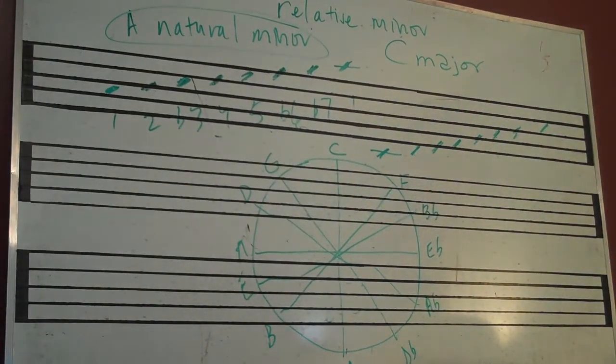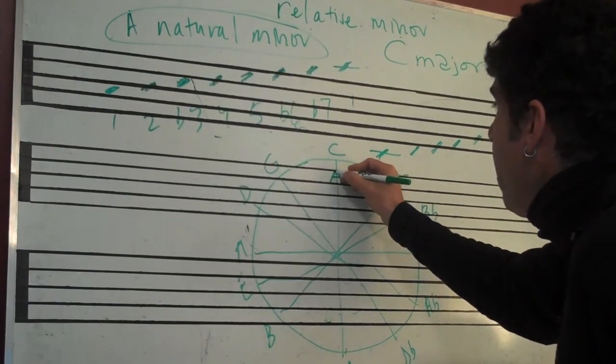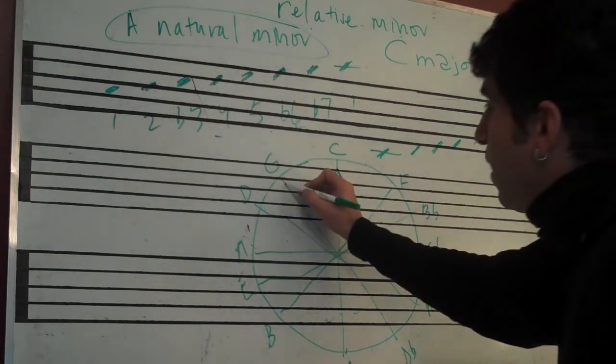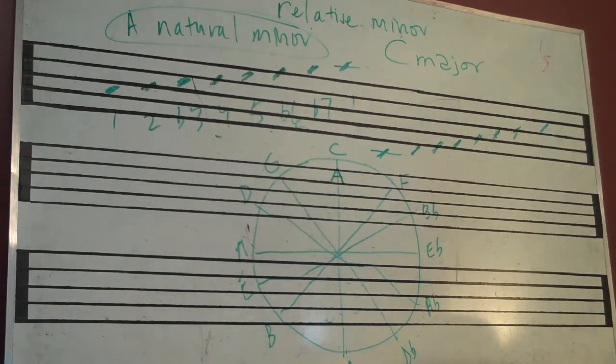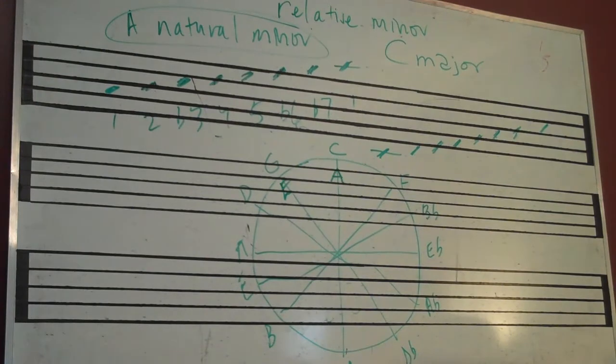So in that one, we said that the relative minor to C is A. Okay. And then, you know, G, the relative minor to G, what would it be? Well, if you said E, you'd be right. And so on and so forth.